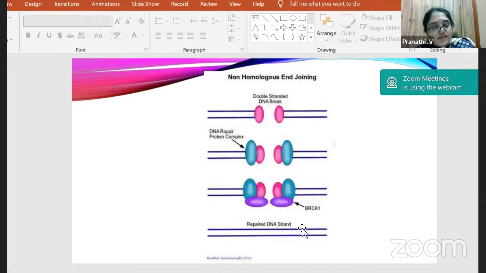So when we summarize this particular lesson, we see that mutations change the normal structure of the DNA. Different kinds of mutations are present. They cause different kinds of changes in the genetic code. They can be missense, nonsense, frame shift, base insertions, deletions, duplications, translocations.